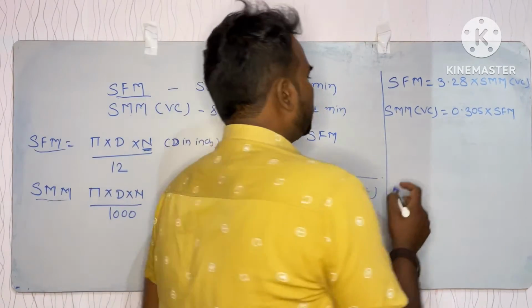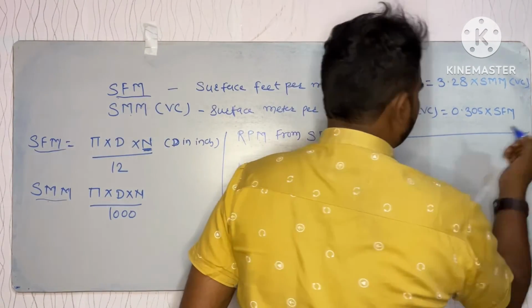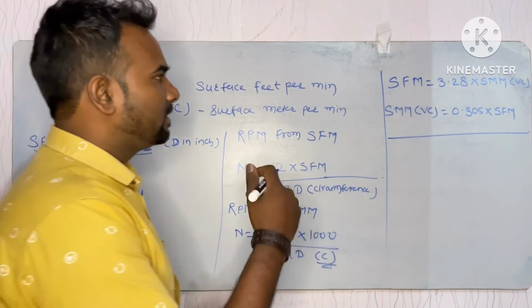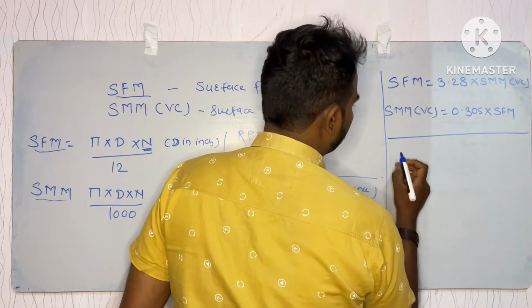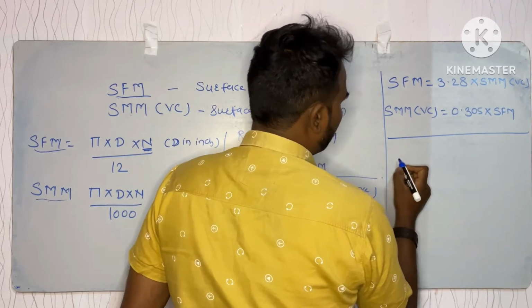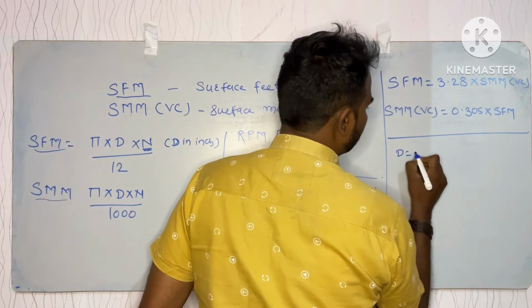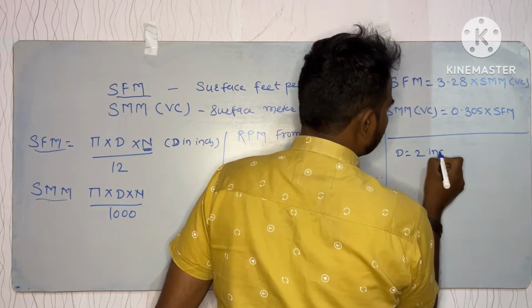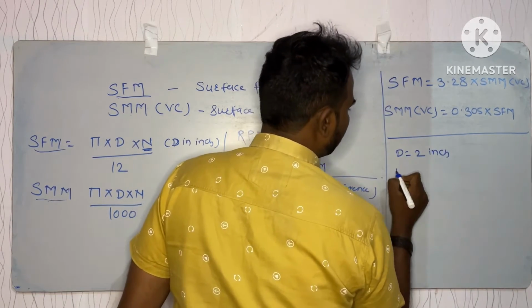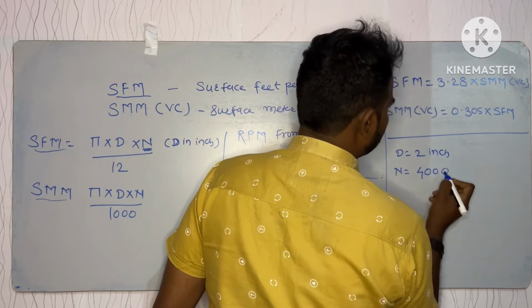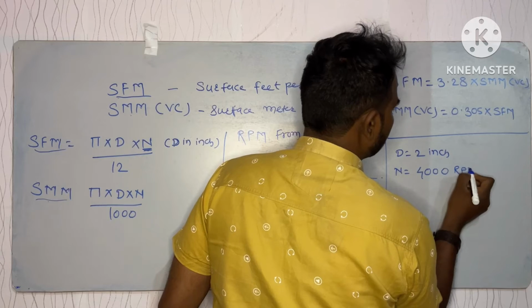Now we will take one example of how to calculate the SFM. Suppose the diameter of a job is 2 inch, and the RPM N is equal to 4000 RPM.